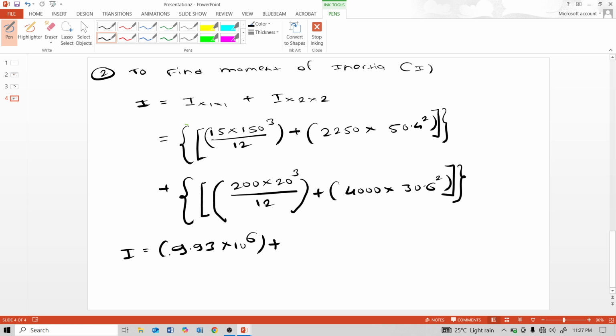Plus 4000 multiplied by 30.6 square plus 200 multiplied by 20 cube divided by 12 is 3.88 into 10 raised to 6. So the moment of inertia is 9.93 plus 3.88, which is 13.81 into 10 raised to 6 mm raised to 4.